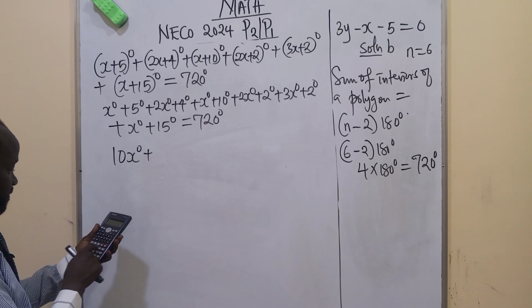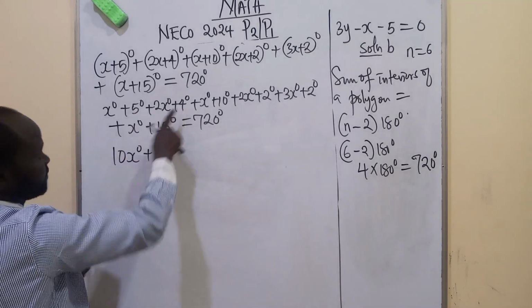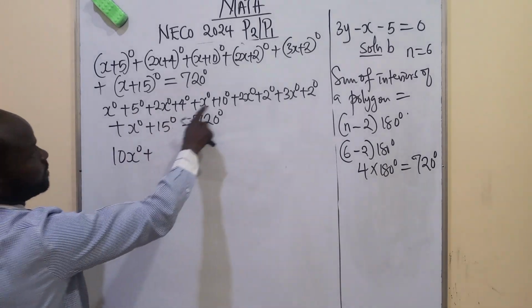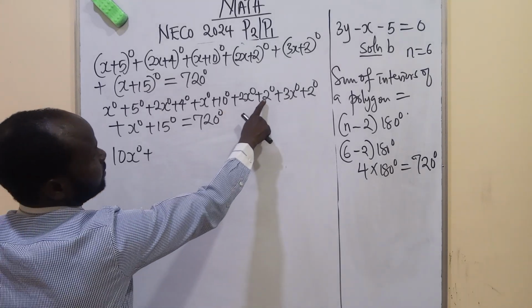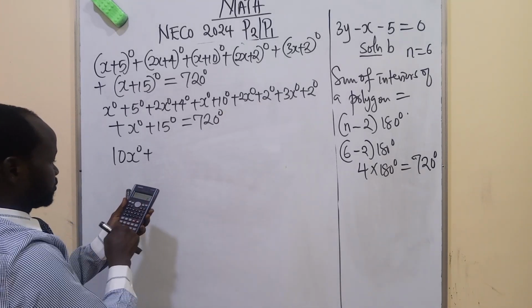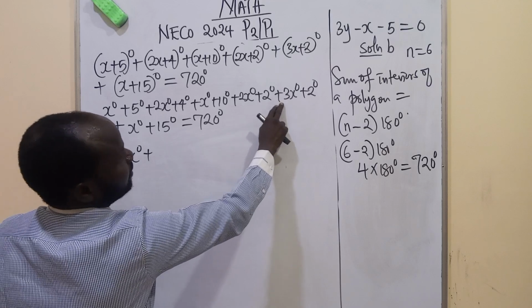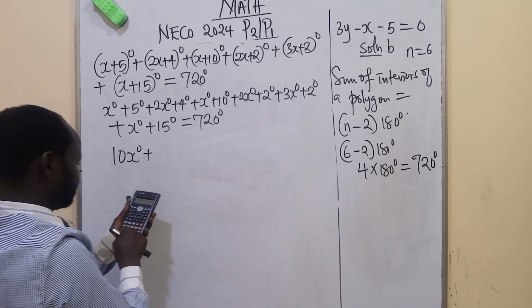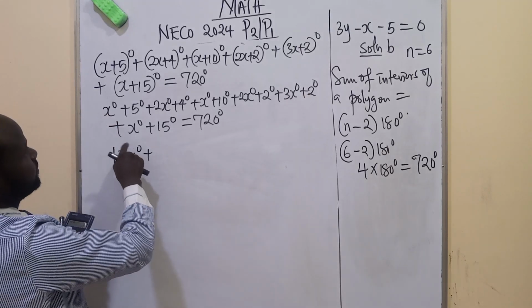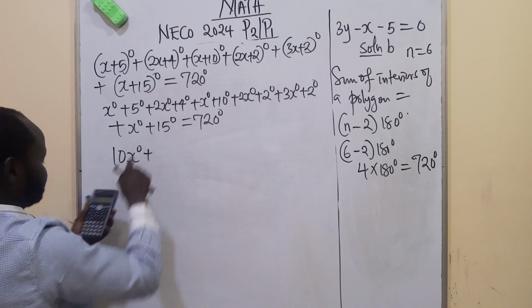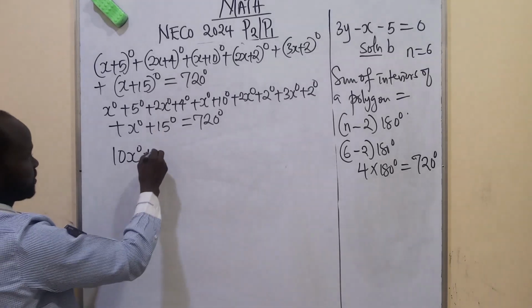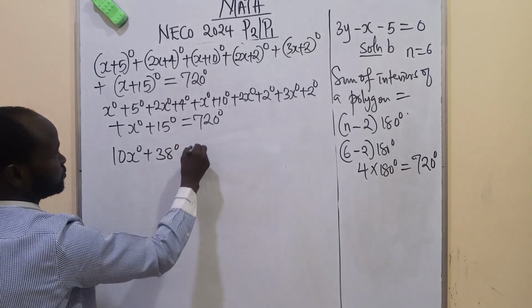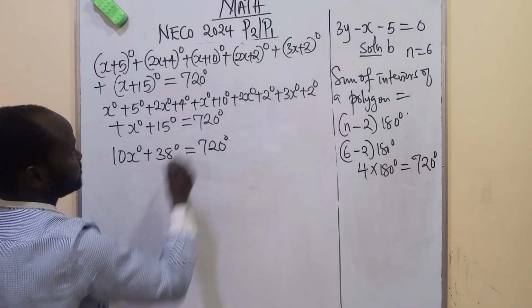This will be 5, and 5 plus 4 is 9. 9 plus 10, of course, is 19. 19 plus 2 is 21. 21 plus 2 is 23. Then 23 plus 15, that will be 38. That will be 38 degrees equal to 720 degrees.